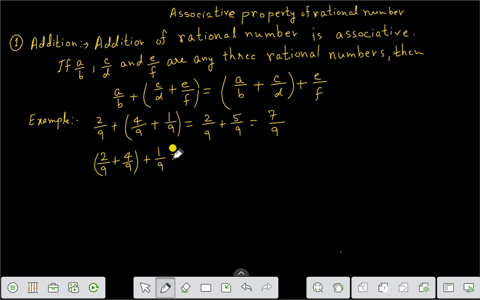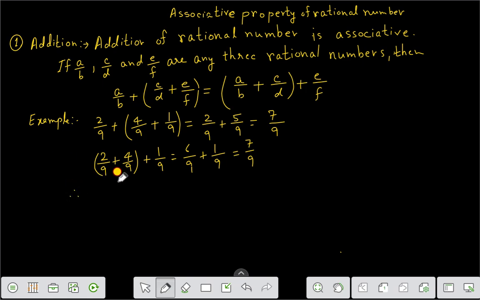And what we are getting, you see here, 2 plus 4 is 6, that is 6 by 9, plus 1 by 9. Then you are getting 6 plus 1 is 7 by 9.